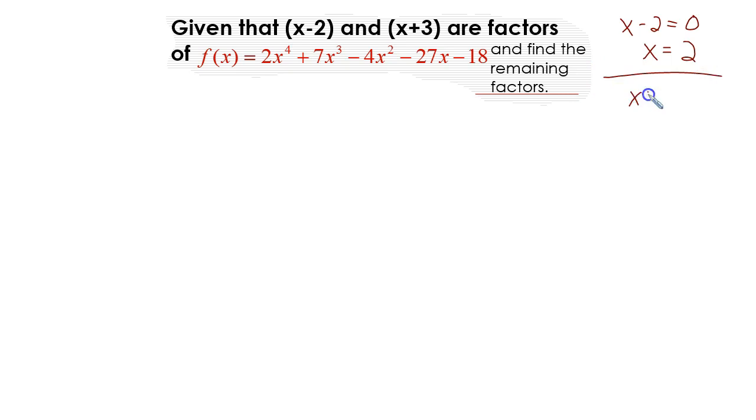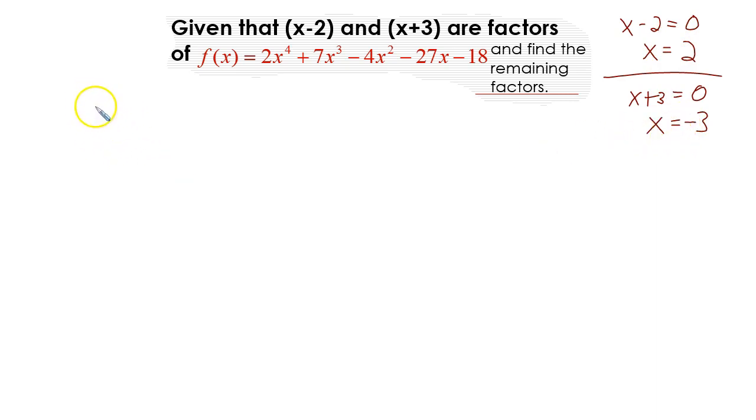We know that x plus 3 is a factor, which means that one of the roots is also negative 3. We set that equal to 0. So we're going to have to divide by both of these roots synthetically.